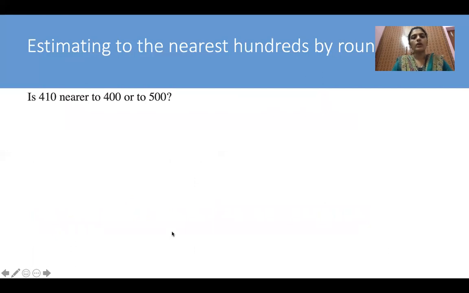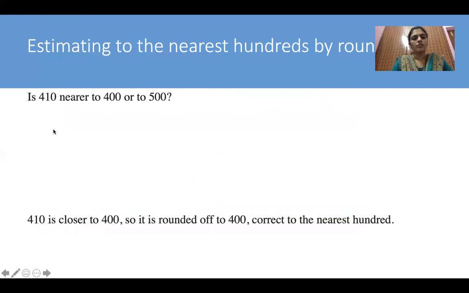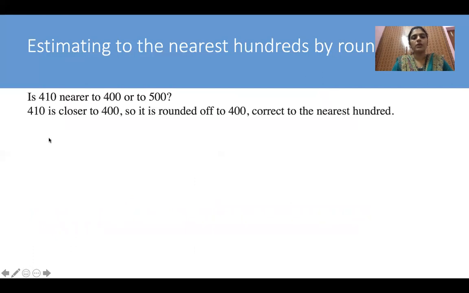Now how can we find the estimated value to the nearest 100? Let's see. Look at the number 410. Is it nearer to 500 or 400? As its value lies between 400 and 500 and it is closer to 400, so its estimated value is 400.